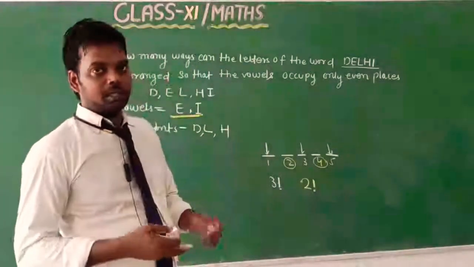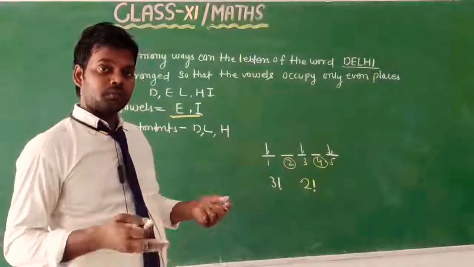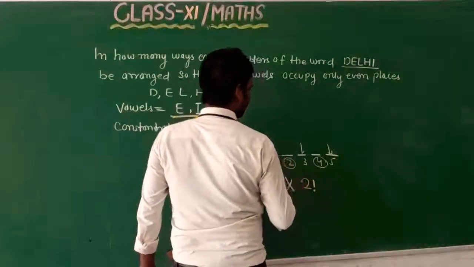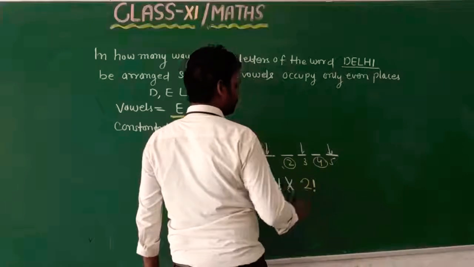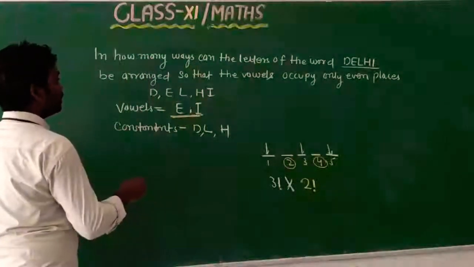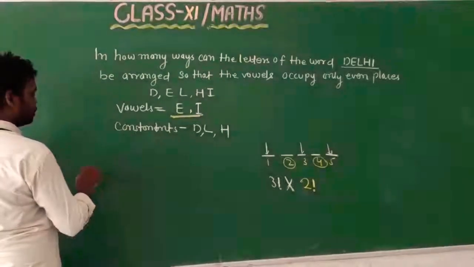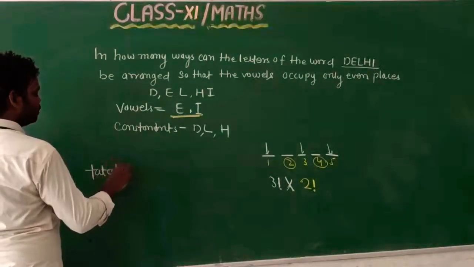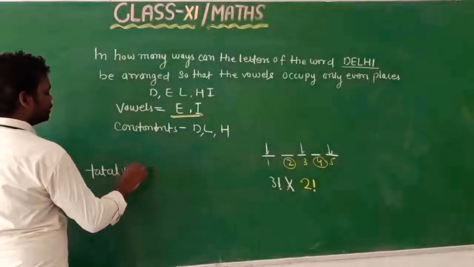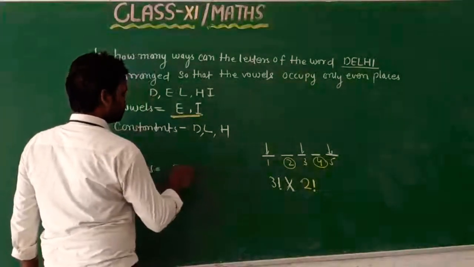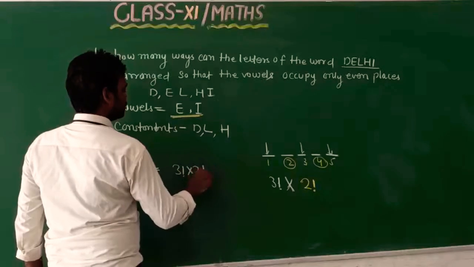And by the fundamental principle of multiplication, we multiply factorial 3 by factorial 2. So the total ways equal factorial 3 into factorial 2.